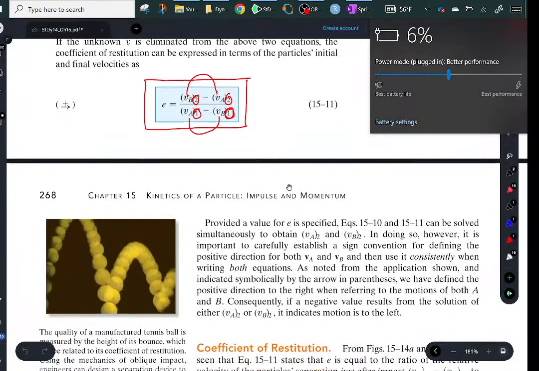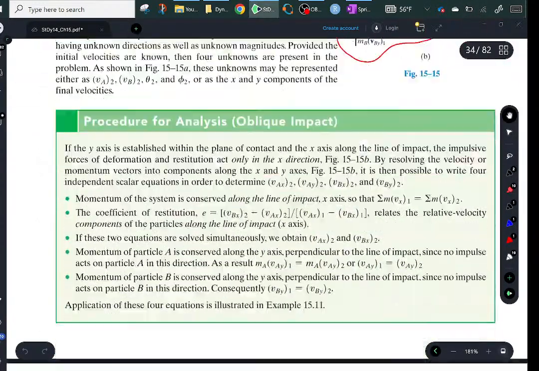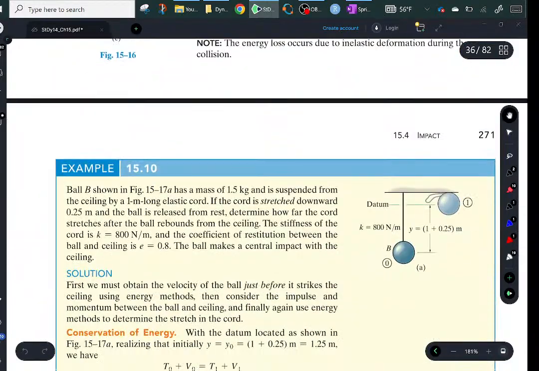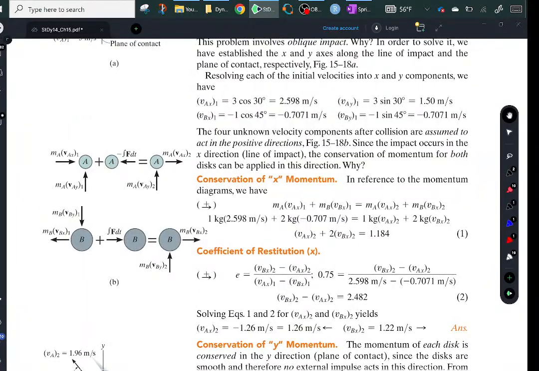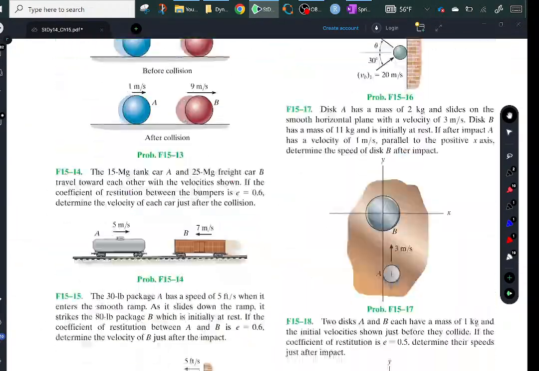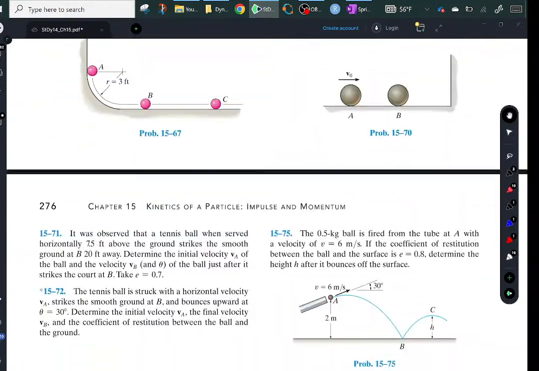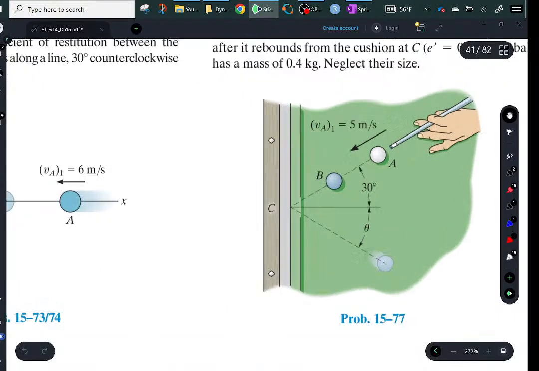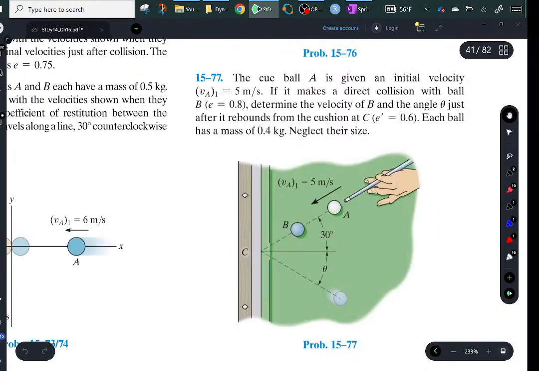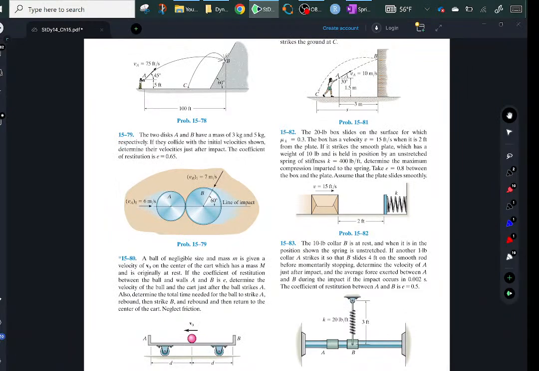Okay, so I'm going to find a problem in the book that's kind of like the one that I was working on. Oh, he has one. Let's find one more. Since there's one already, we'll find another one down here. Let's see. Oh, there's one.